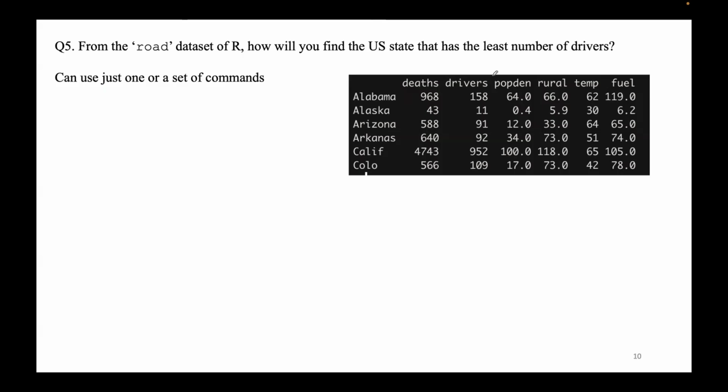So let's say this 6 rows is the only thing in that data set. If I ask you, out of whatever you can see here, which US state has the least number of drivers? What will your answer be?